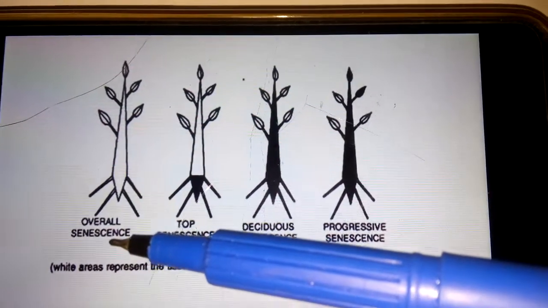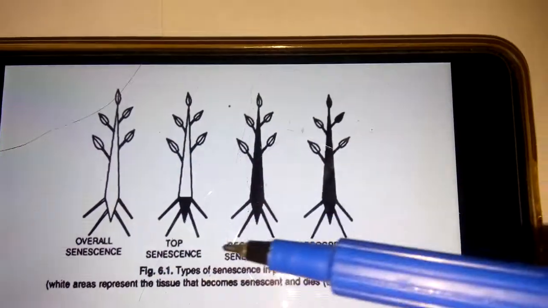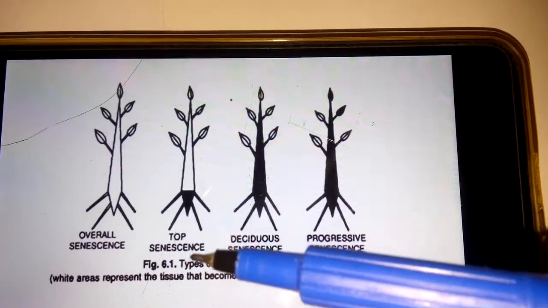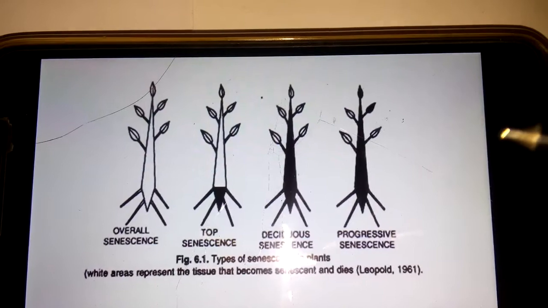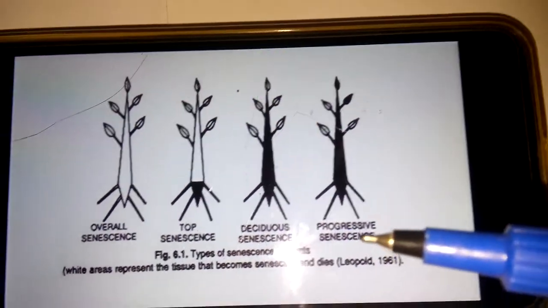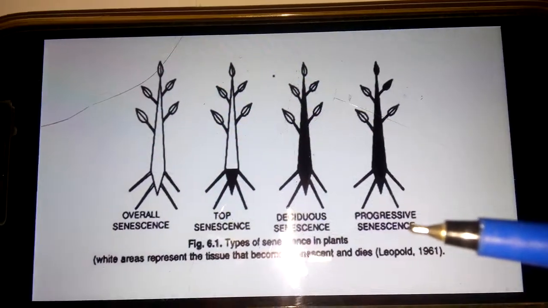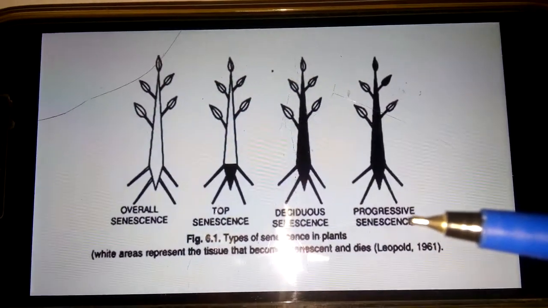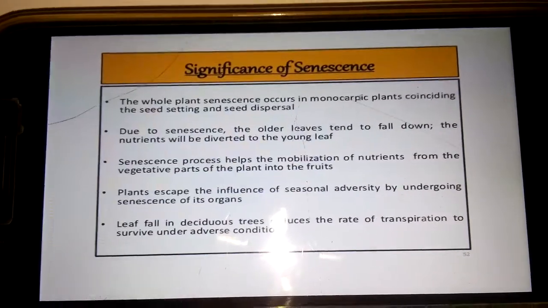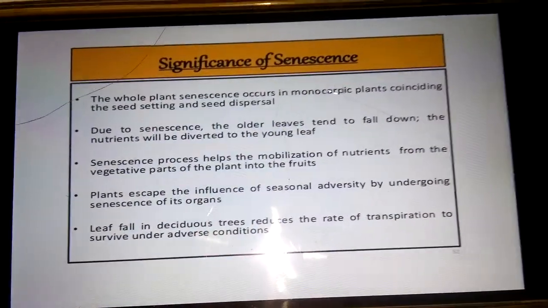Overall senescence means whole plant senescence. Top senescence means shoot senescence. Deciduous senescence means simultaneous senescence, and the last, progressive senescence, means sequential senescence. This is some of the significance of senescence.